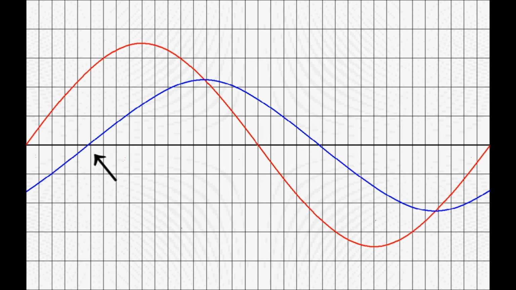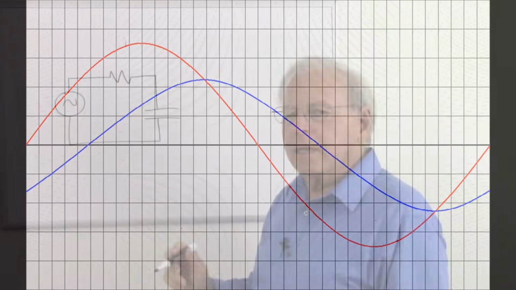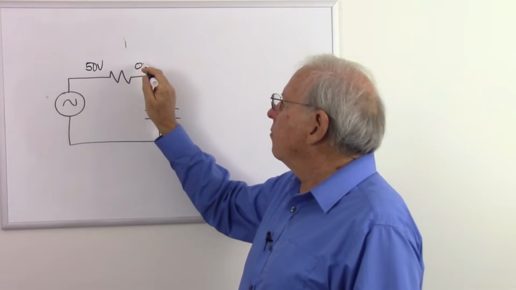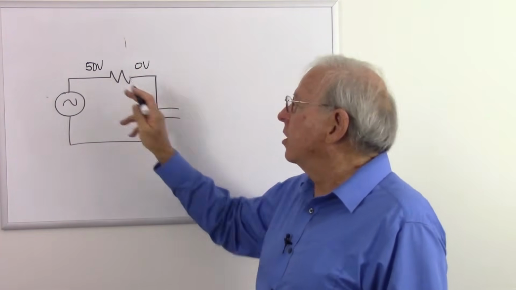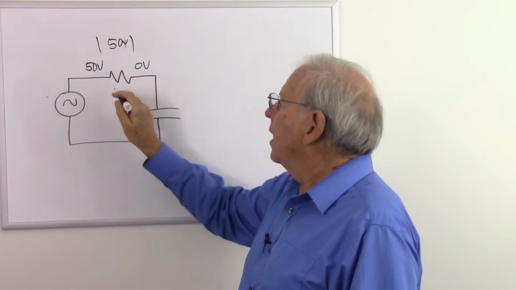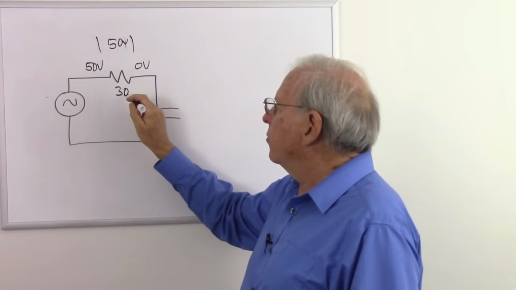We'll start here where the capacitor voltage is 0 volts. That's 50 volts on this side and 0 volts on this side for a total voltage of 50 volts and 30 ohms for the resistor.